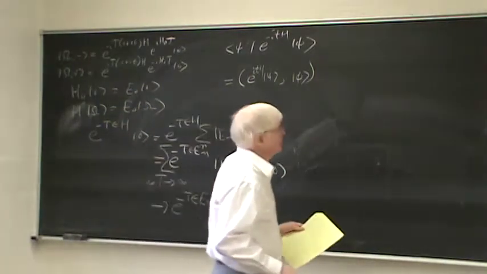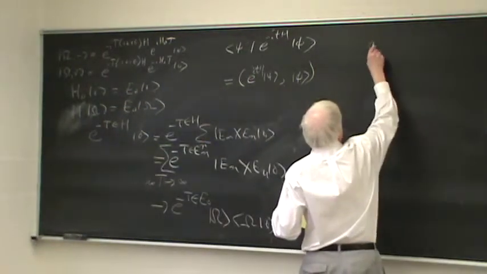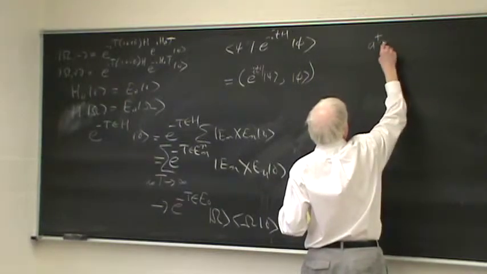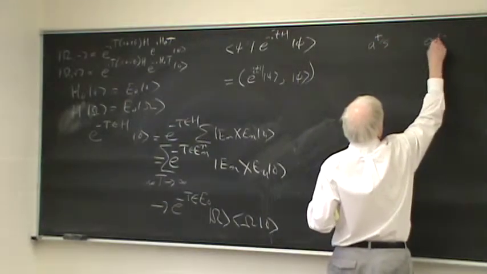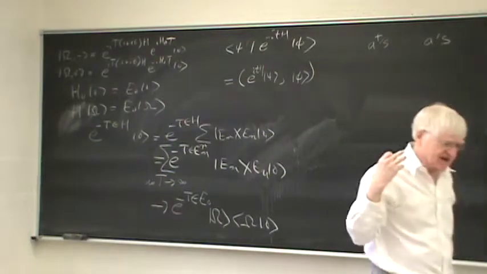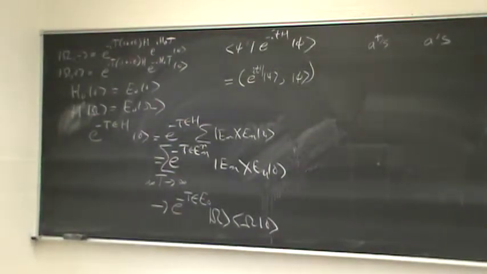Well, what is normal ordering? Well, normal ordering means if you have a bunch of operators, you take the a daggers there, and then you have the a's here. So you put all the creation operators to the left of all the annihilation operators.